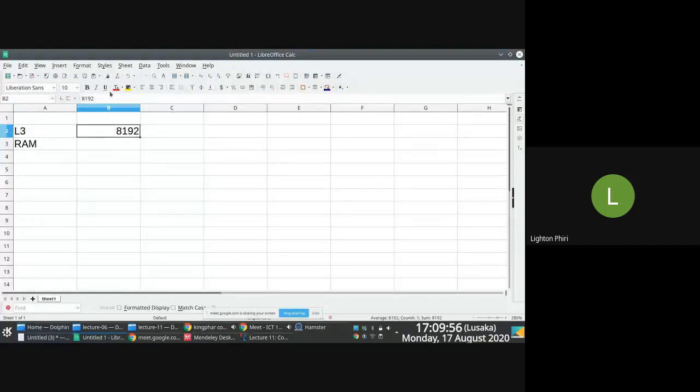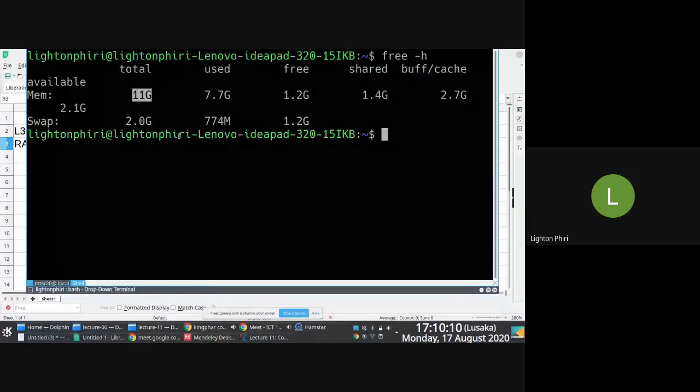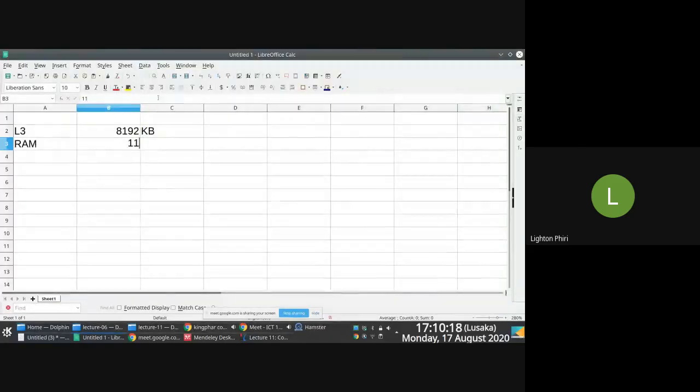We have 8,192 kilobytes of level 3 cache, and we have a total of 11 GB of RAM, right?